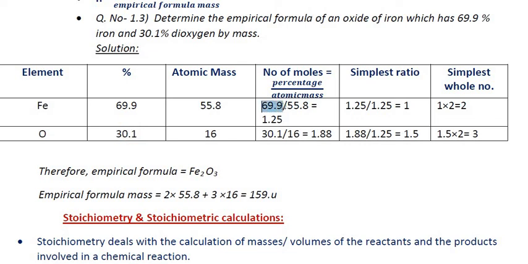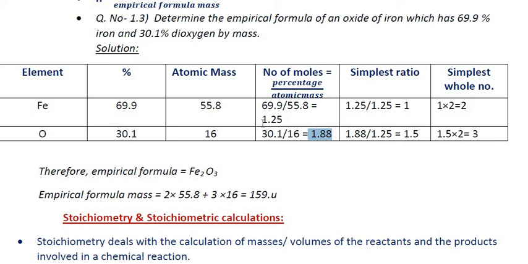We will divide it by the atomic mass, which is 55.8, and it comes out to be 1.25. So 69.9 upon 55.8 is equal to 1.25. Similarly, we will calculate for oxygen. Given mass in gram 30.1 upon atomic mass, which is 16, is coming out to be 1.88. So in the fourth column we are calculating the number of moles.